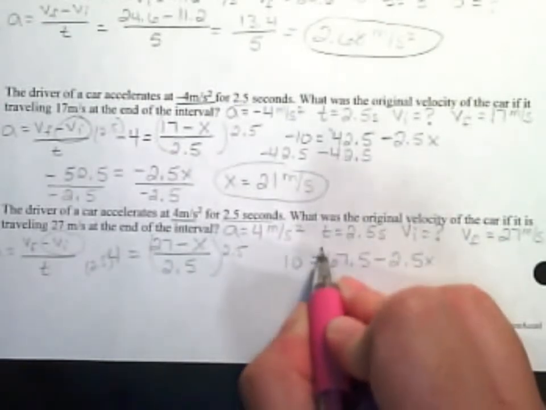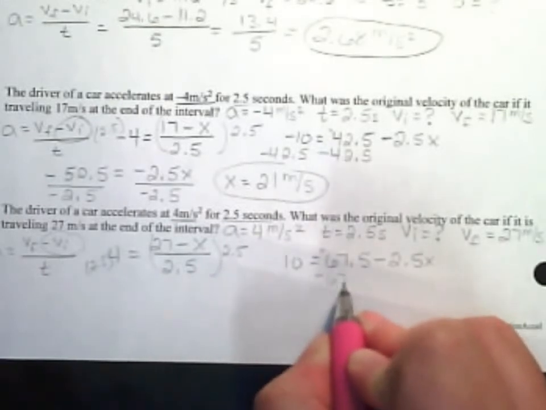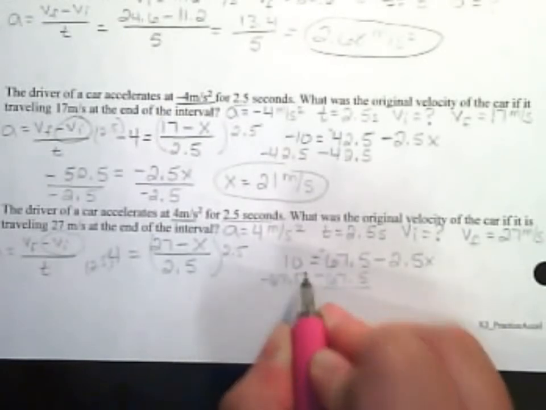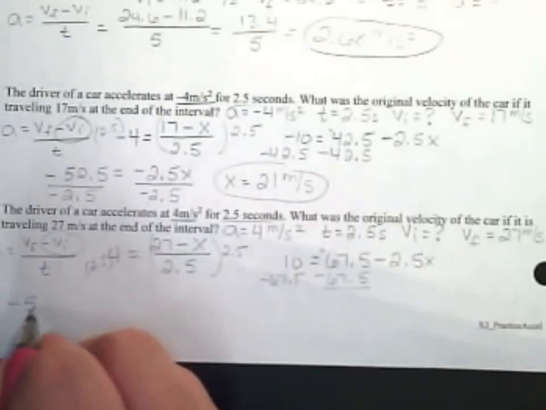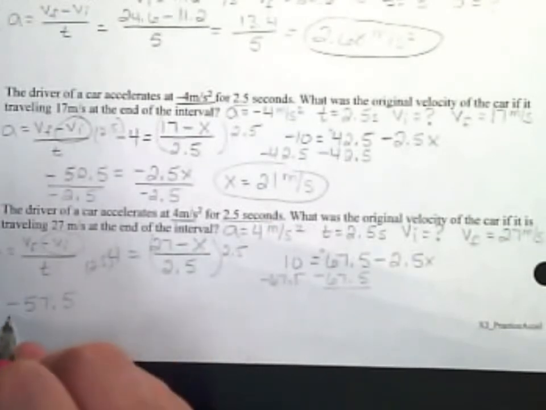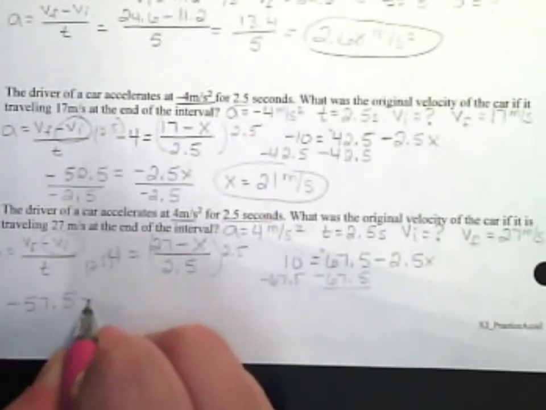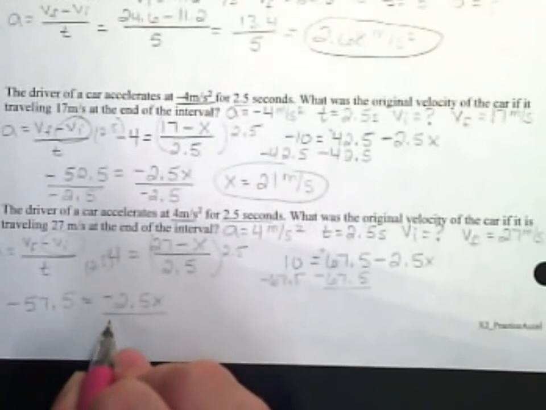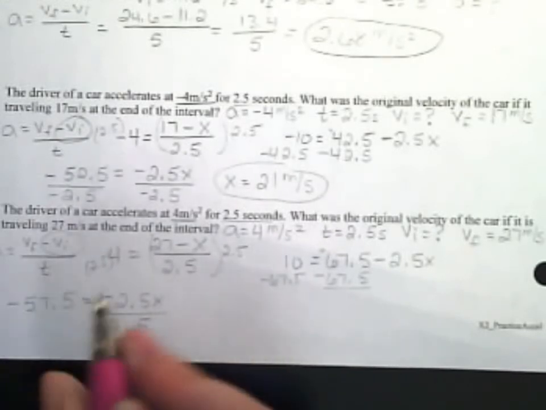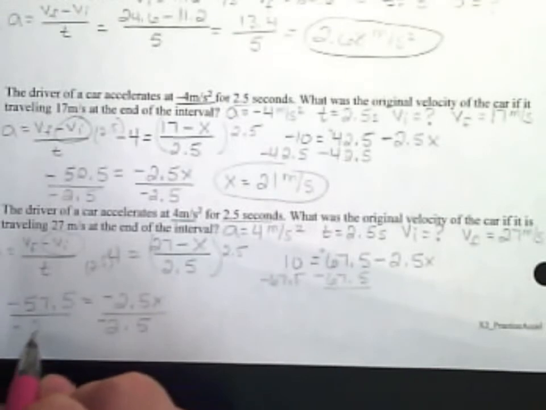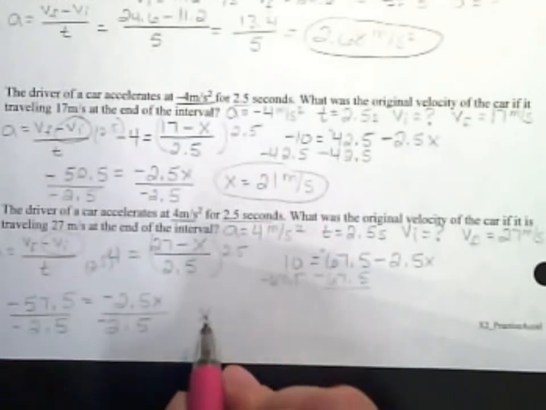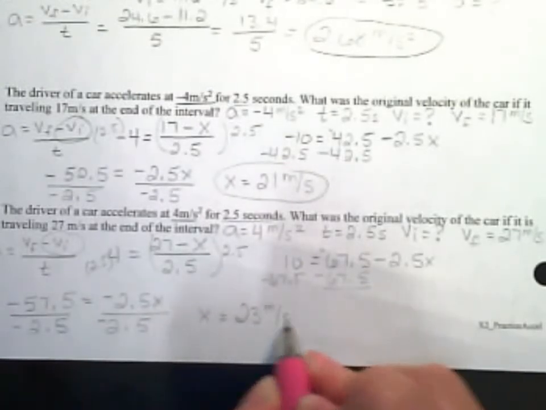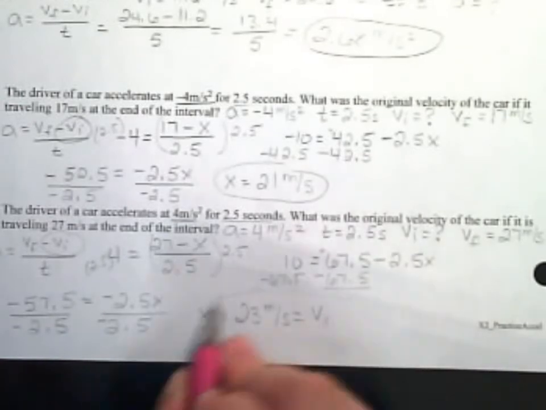Now this is positive, so we're going to subtract the 67.5 from both sides, which gives us negative 57.5 equals negative 2.5x. Divide both sides by negative 2.5, because we want to get rid of that. We're trying to get x by itself. That gives us x equals 23 meters per second, which is our initial velocity.